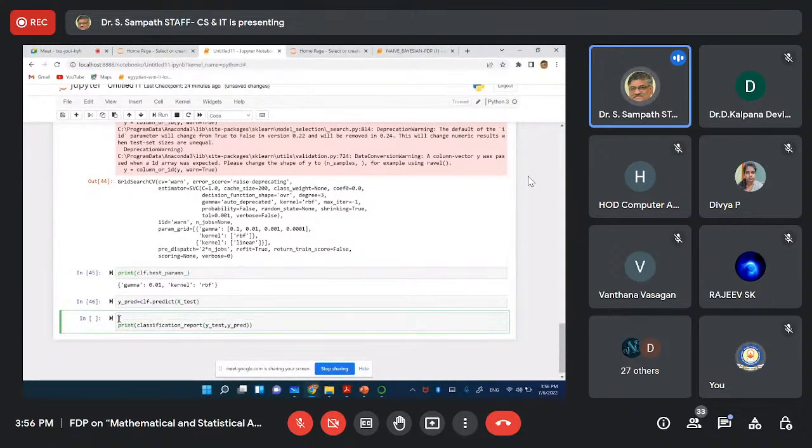This will not work because I have not imported metrics from sklearn.metrics. From sklearn.metrics import classification_report.